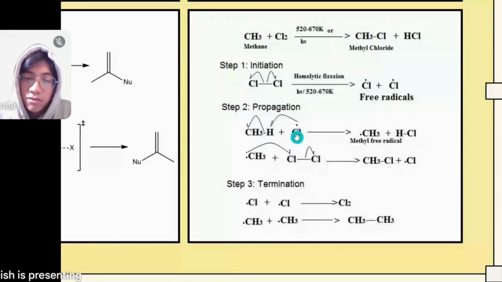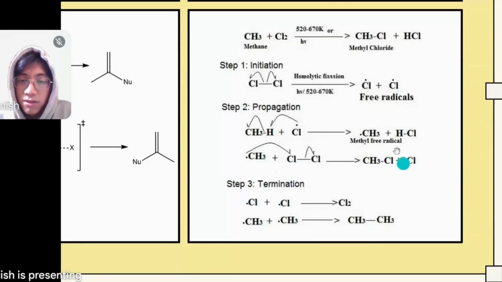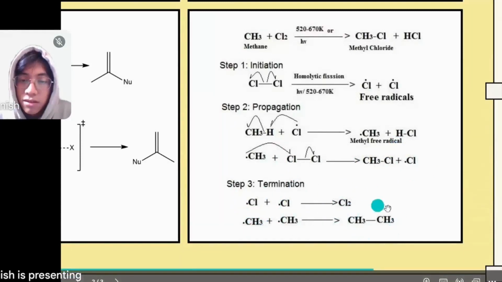The radical attacks the hydrogen here, replacing it, forming a radical and this other compound. The radical of the methane now reacts with another chlorine molecule, which forms methyl chloride and another chlorine free radical. So the leftover radicals will form the chlorine molecule again.